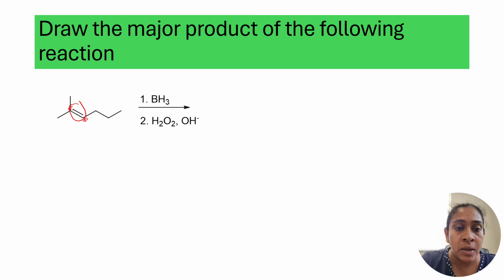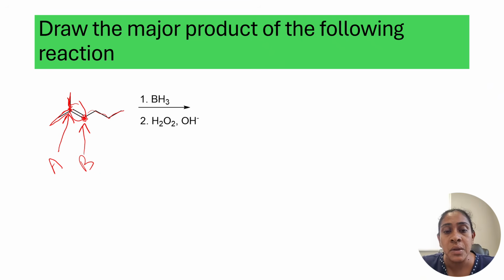On the left side, this carbon has two substituents. And if you look at the other double bond carbon, it only has one longer carbon chain. So among the two alkene carbons, which are sp2 hybridized, carbon A is more substituted, and carbon B is less substituted.